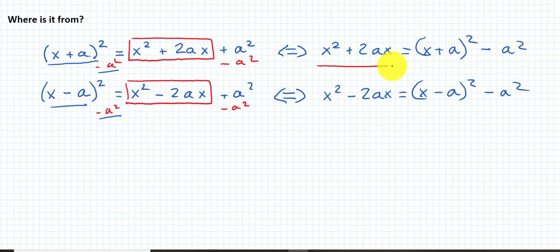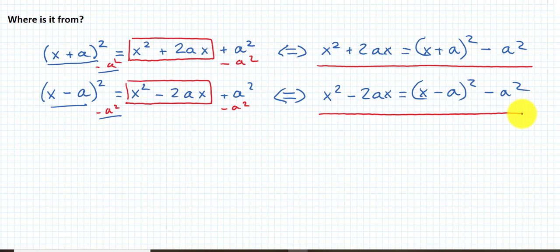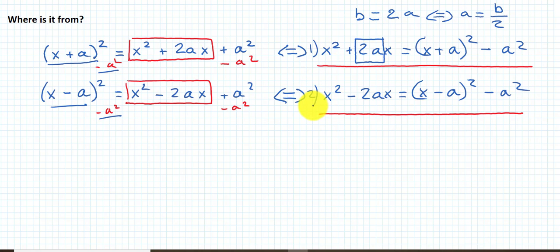Now these two formulas are the basis for completing the square. We rewrite them slightly differently though. Instead of expressing this as 2a, we express it simply as, let's say, b. We don't want the 2. So b equals 2a, which means that a would be b over 2. Let's rewrite the first formula and the second with the new variable b.